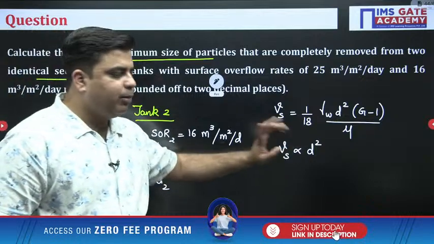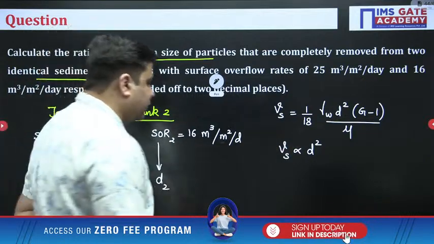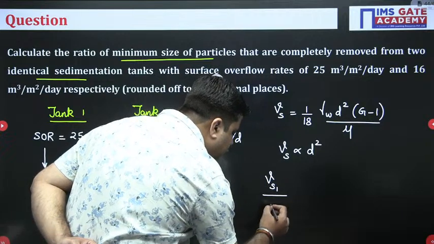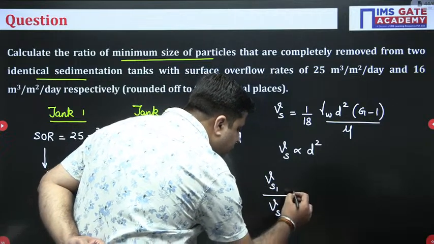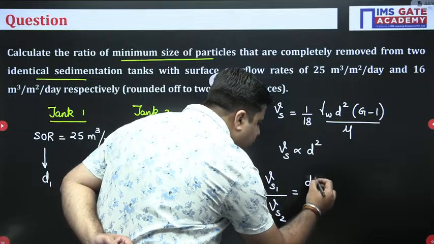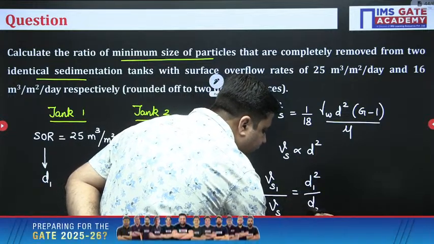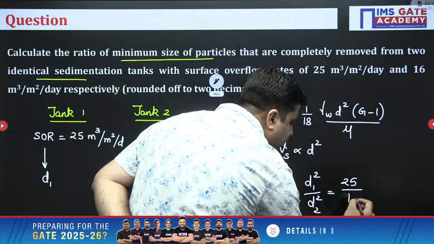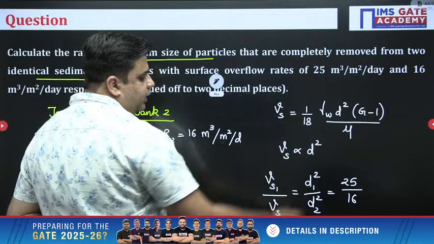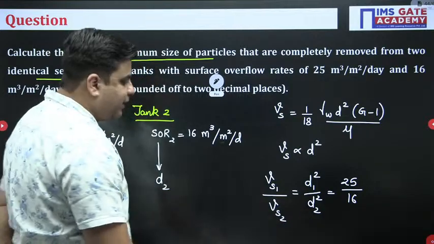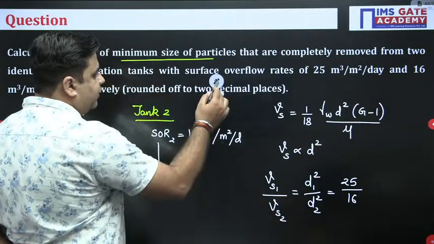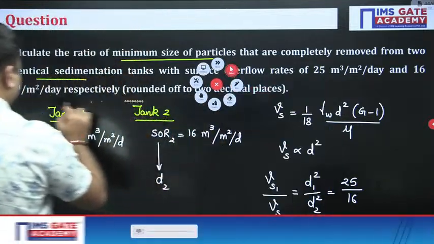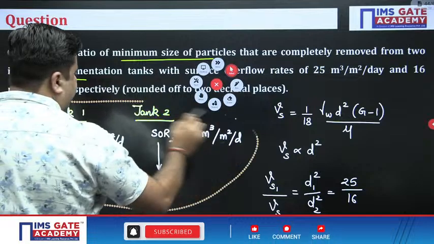Vs is directly proportional to d square. So I can write Vs1 by Vs2 is equal to d1 square by d2 square. Substitute Vs1 as 25 and Vs2 as 16. Taking the root, you will get the ratio d1 by d2. Please tell me the value of d1 by d2 quickly.